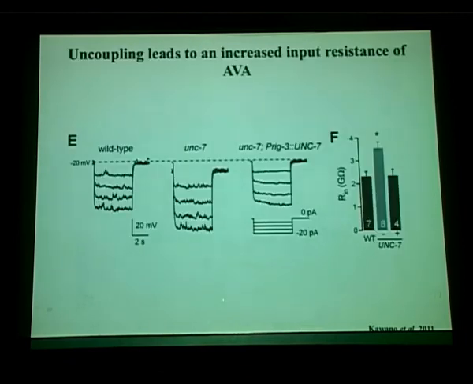So why would uncoupling lead to an increased electric and also intracellular calcium level change, indicating a higher activity of the neurons? We find this is primarily because the uncoupling leads to an increased input resistance of AVA. When you inject the same amount of current in wild type and UNC7 mutants, you can induce a much higher depolarization, probably due to the uncoupling of the membranes between AVA and the A motor neurons.